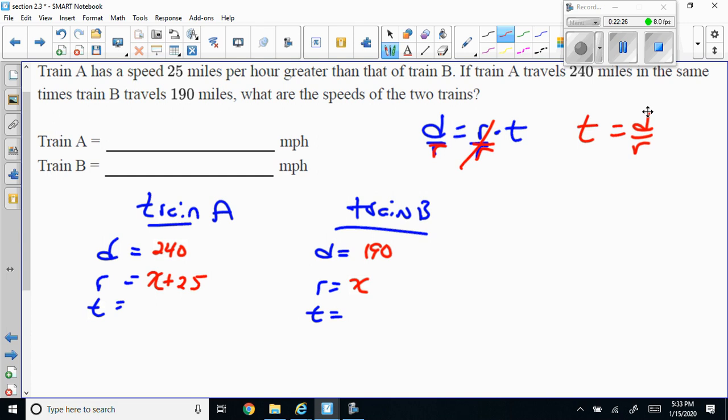Their times are the same, so therefore I could set their equations equal to one another, right? So what I've got is this. I've got 240 over X plus 25, that's for train A. And then I have 190 over X, right?